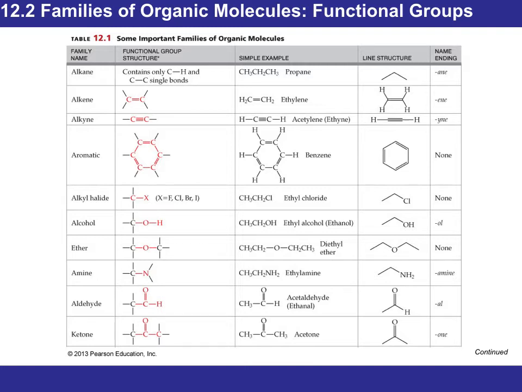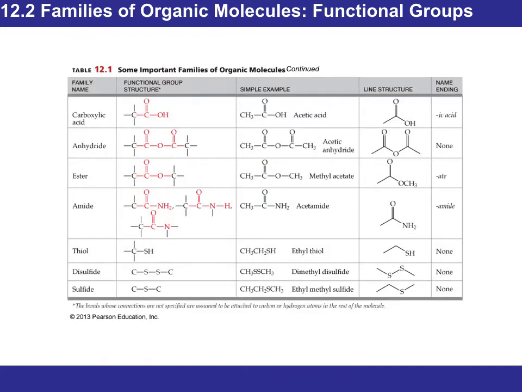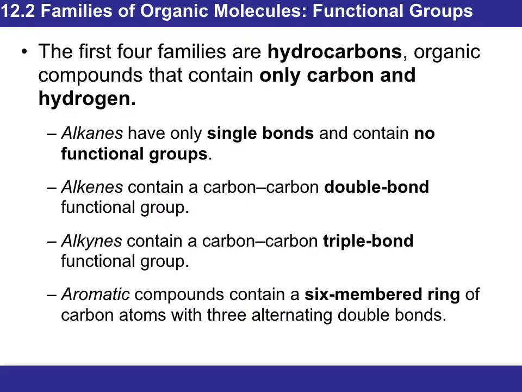And then you'll discover alcohol, ether, amine, aldehyde, ketone, carboxylic acid, anhydride, ester, amide, thiols, which have sulfur attached to them, disulfide, di means 2 sulfur atoms attached to each other. And I know you'll be overwhelmed, but you'll remember those, and trust me, you'll know all of those by the end of that first section of the course.